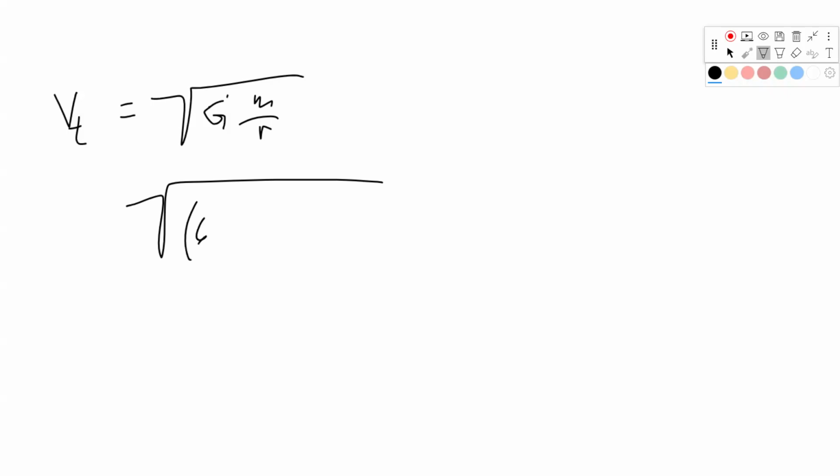Get that gravitational constant, Newtons times meters squared over kilograms squared.